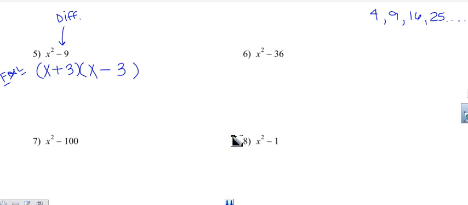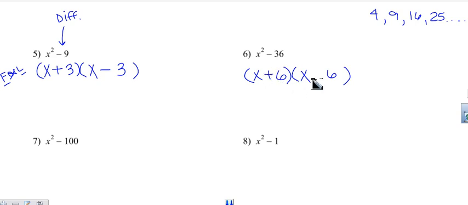Let's try these 3. On number 6, remember, both of these are perfect squares, and it is a difference of 2 squares. What am I squaring to get x squared? X times x. What number did I square to get 36? 6 times 6.